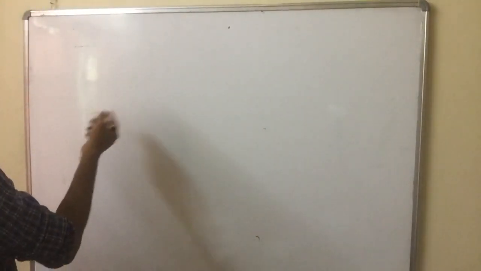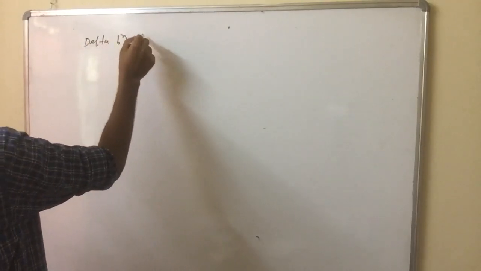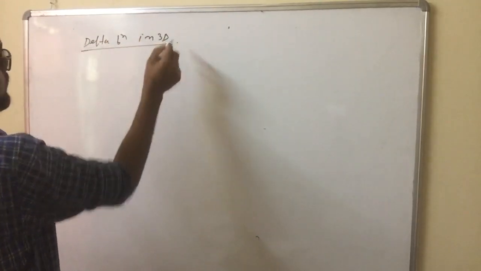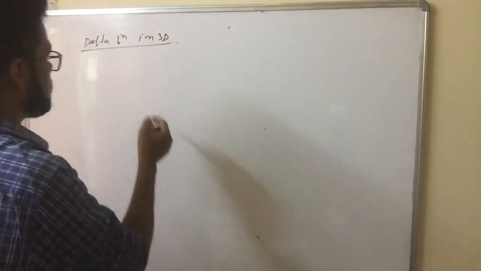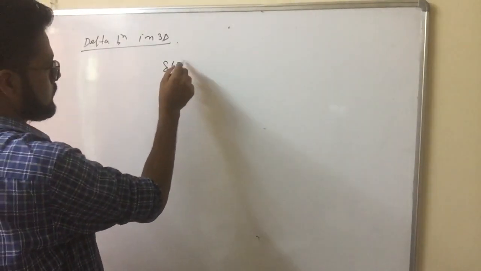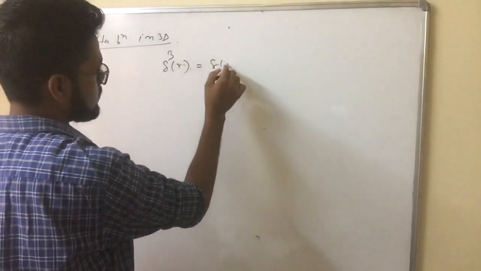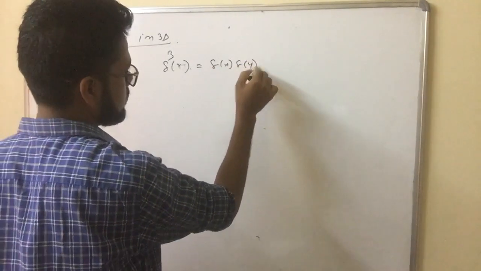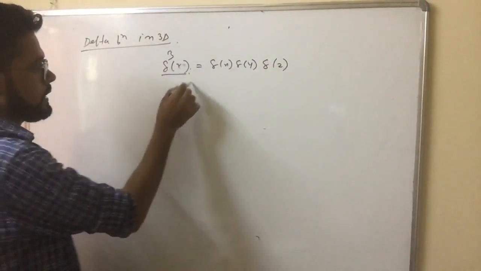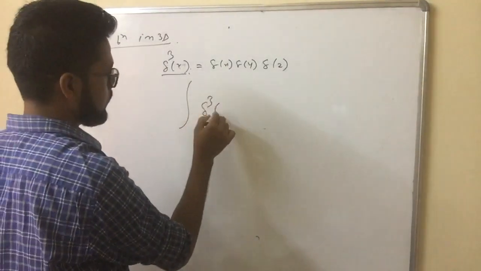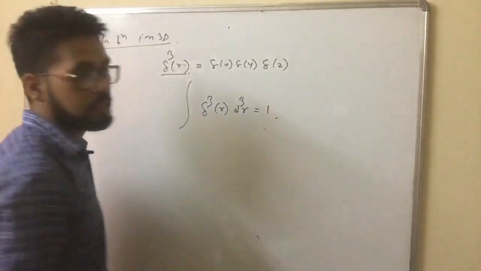Delta function in 3 dimensions. Delta function in 3D: how do we represent the 3D delta function? In one dimension I represent it as delta(x), but in the 3-dimensional case we always represent it as delta(x) delta(y) delta(z). It is cubed, meaning it is 3 dimensions. The integral of delta cube r, d cube r, equals 1. This is the area.